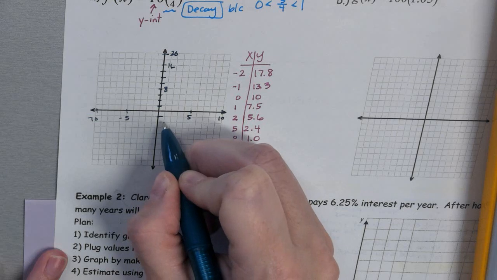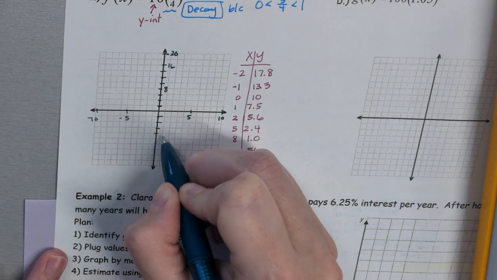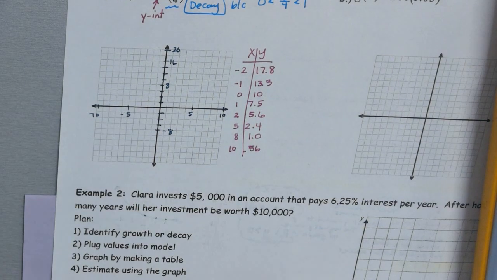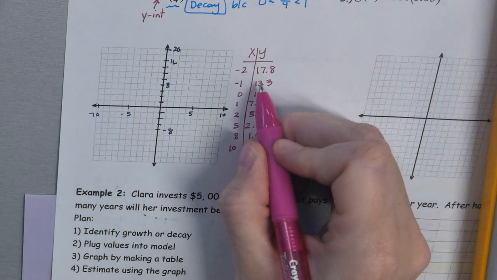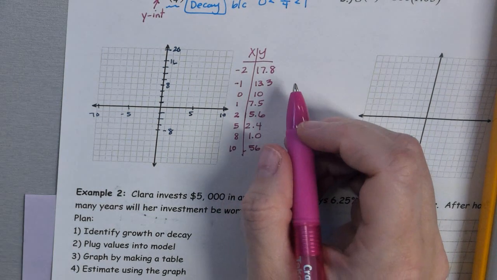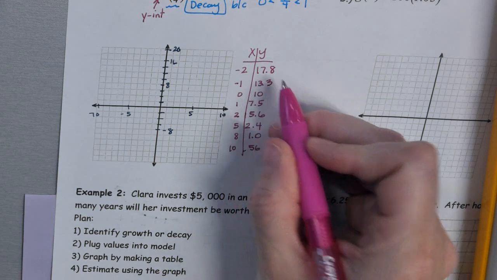Okay, so now I'm ready to plot my points. When I plot my points, I am going to put a tiny dot for each one, because this isn't too bad of a scale, but it's going to be easier for me to connect my dots if I do that.